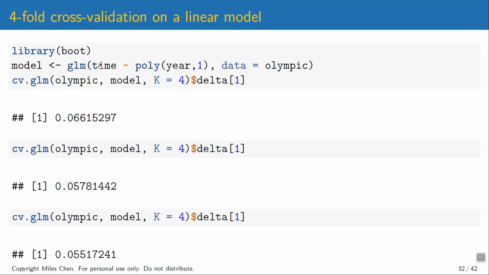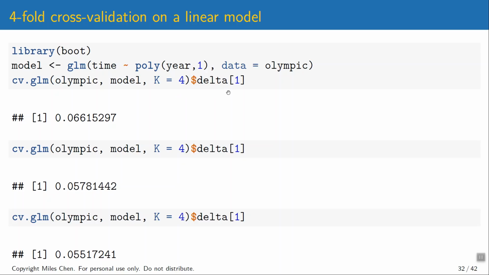But anyway, you fit your GLM model, and notice that here I'm using the full data set, not a train or validation split. I just provide it the full data set, and cv.glm will handle the train and validation splitting.